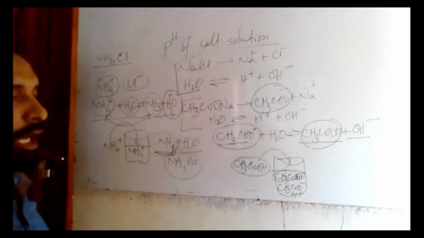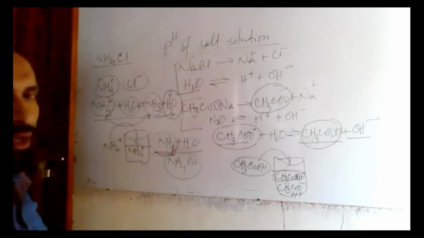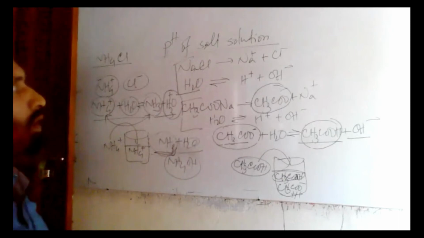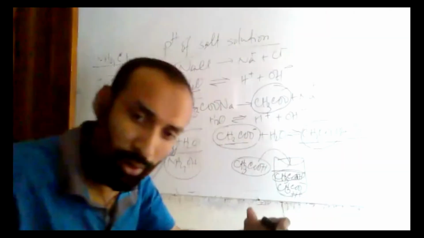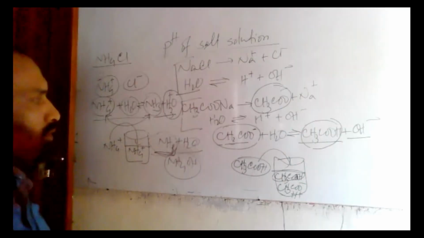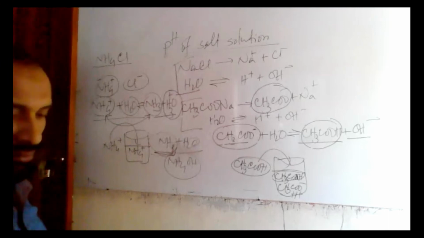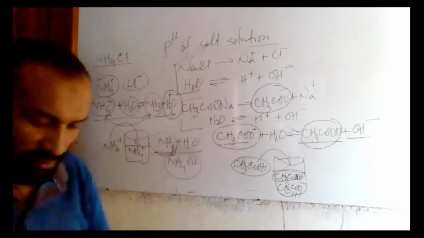Can you categorize the types of all the salts? Here I'm giving you only 3 examples, but if you have thousands of salts, how do you categorize them? Salts made from strong acid and strong base are neutral salts. Salts made from weak acid and strong base are, sorry, basic salts, and salts made from weak base and strong acid are acidic salts.